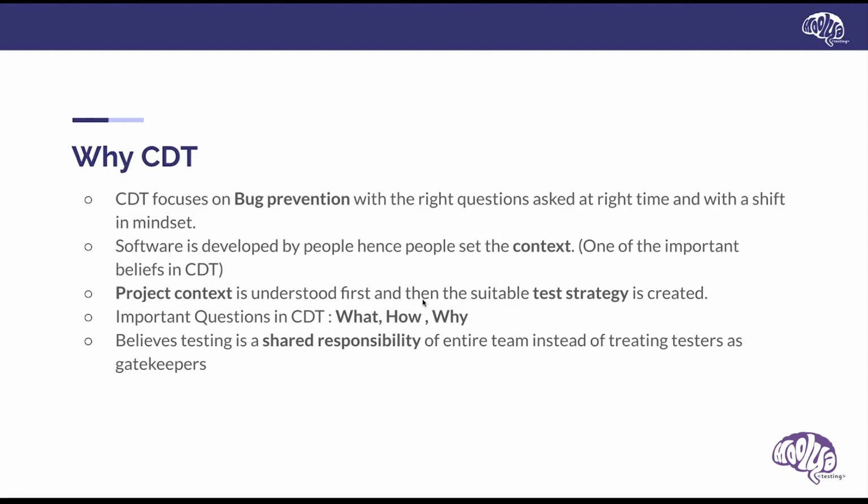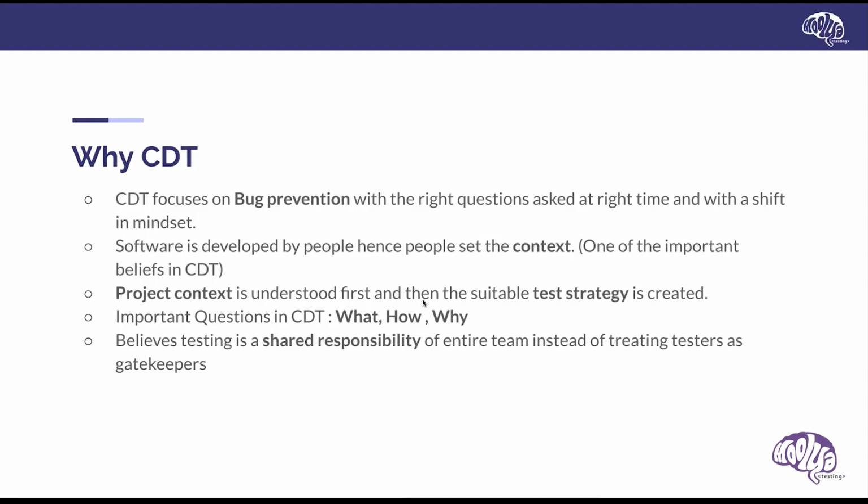So in context-driven testing, the project is understood first and then suitable test strategies are created. This I have mentioned many times: when we start a project or start working with a team, we don't right away start implementing certain processes like, hey, this is how it should be as a tester, this is a tester's job, or this is how a tester should be doing.